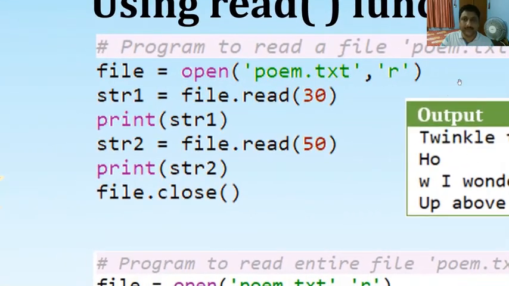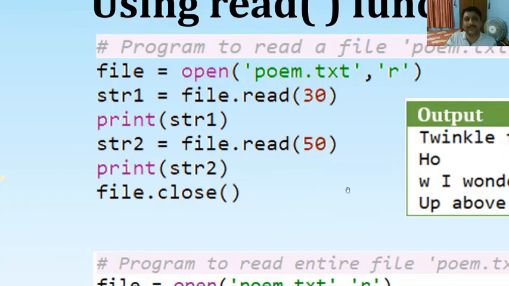To read the lines from that file, see what commands we have written in the program. First, we open the file in read mode. Then str1 equals file.read(30), which means 30 characters it will read. The first time it reads 30 characters, then the print statement is here. The second time it reads 50 characters and displays them, and then we have closed the file.